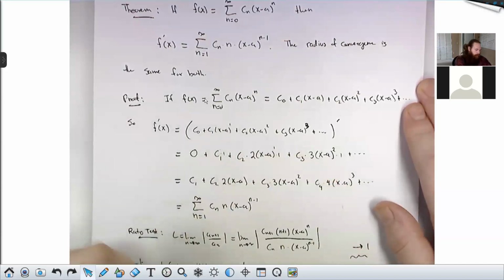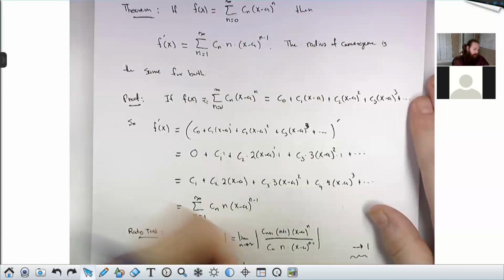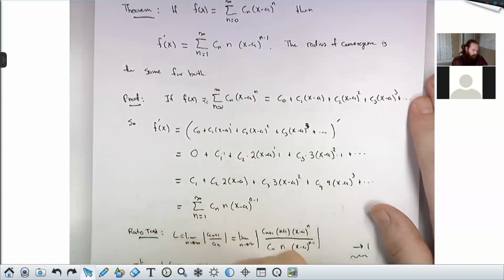So you get abs(x minus a) times the limit as n goes to infinity of abs C_(n+1) over C_n, which is the same as the ratio test limit for the original series. Therefore, the ROC doesn't change.